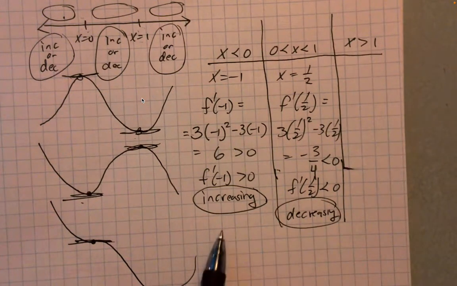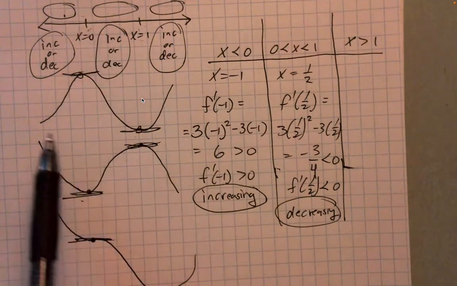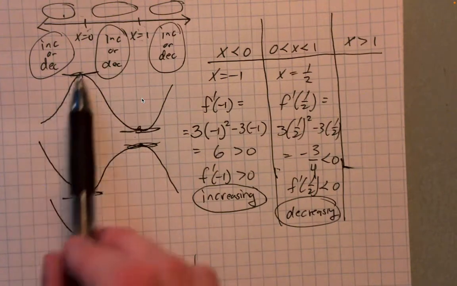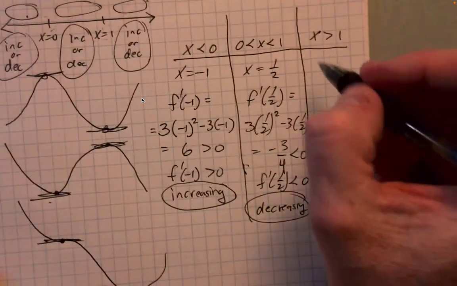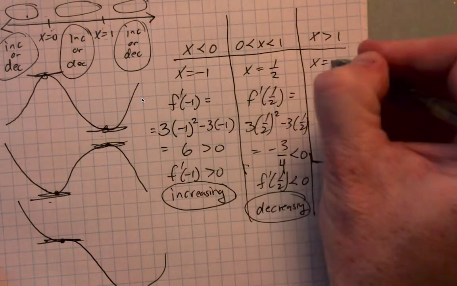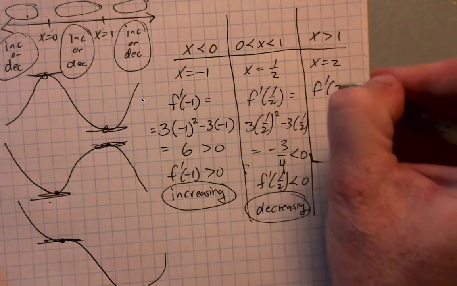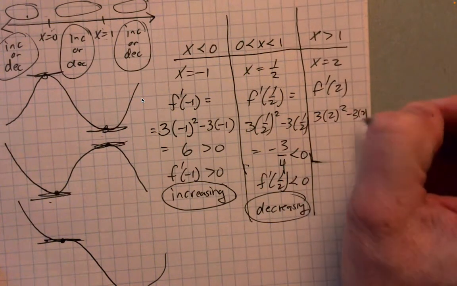Makes sense. So it's coming up to this point here, and then it's going to drop back down. So so far it's looking like this is the first scenario that we sketched out. And then let's just test something above x equals 1. So maybe we can just use x equals 2. So f prime of 2. So that's 3 times 2 squared minus 3 times 2.